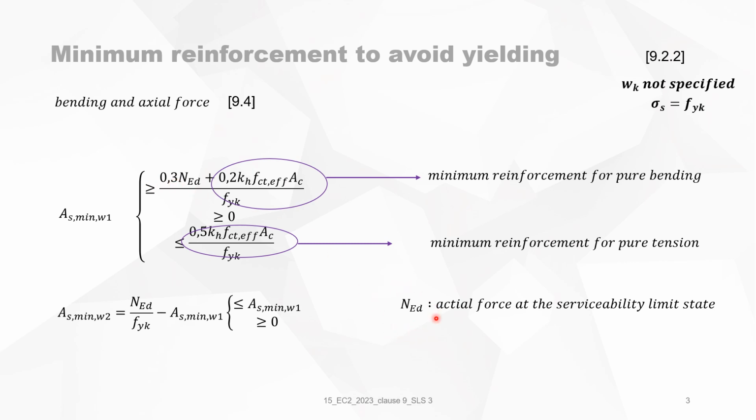So it's an important value. So you should take the minimum of the compressive strength. But what is the minimum of NED? That's 0, isn't it? So it's sometimes difficult to estimate the value that you should take for NED. The tensile force is always positive, so the compressive force is negative.